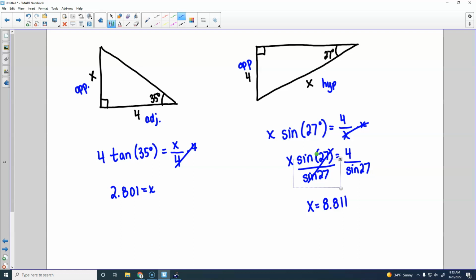You'll notice what happened there is that the sine 27 and the x basically just switched places. That's going to happen every time you have that x in the denominator. Some of you may shortcut that. Okay, these are both for finding sides that you are missing.